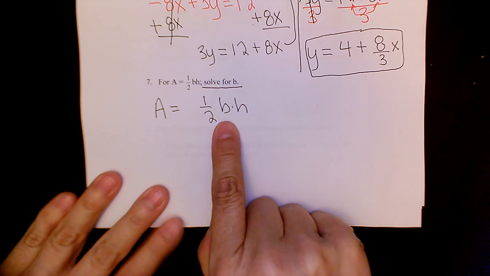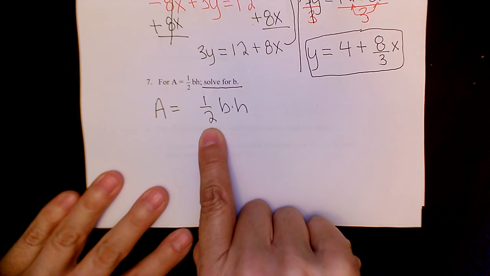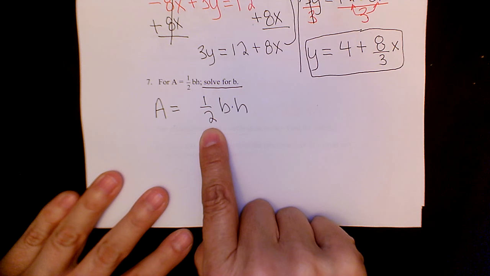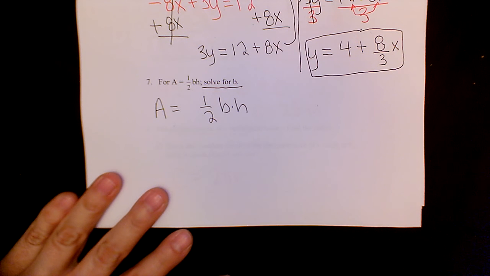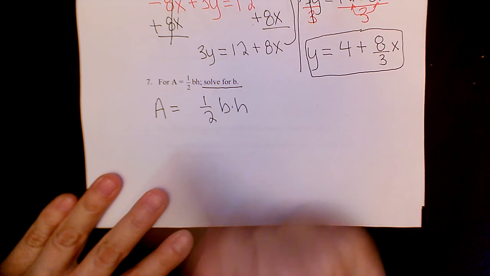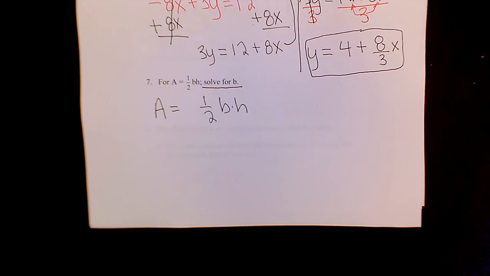So how do I get rid of the 1/2? If you had Math 85, if you had a fraction, and I even think we talked about this when we were solving in chapter 2, what can I do to get rid of that 1/2 when I see that fraction there? Does reciprocal ring a bell?